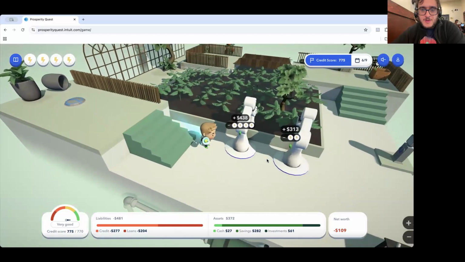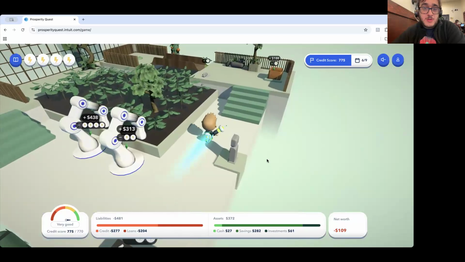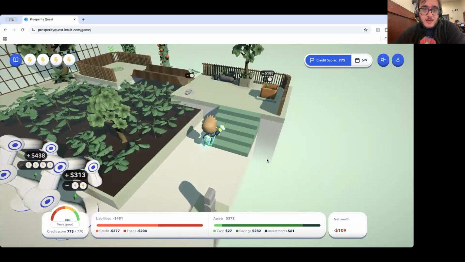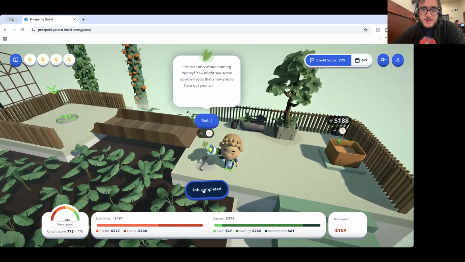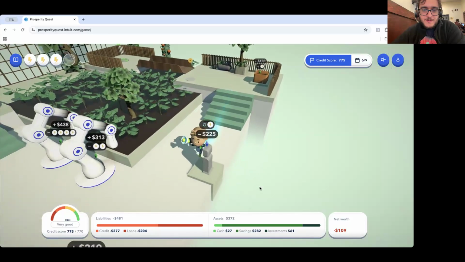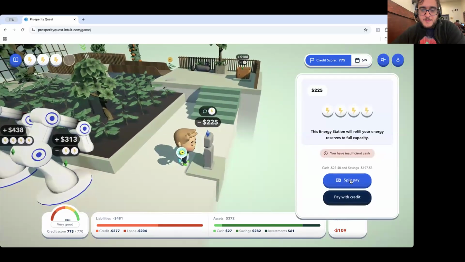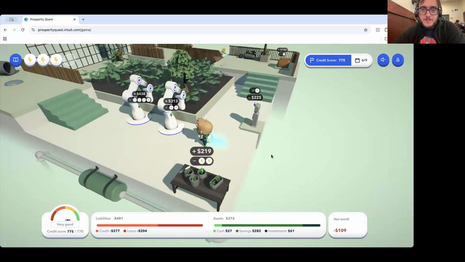Ooh, so we have this one 438, this one 313, 219. We have a goodwill job that we cannot forget to do. I'm gonna actually go ahead and do that one first so we don't forget. We have not done a goodwill job yet. Okay, now I have 3 expenses left.